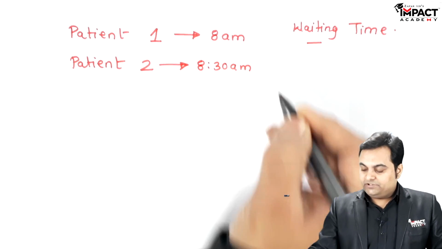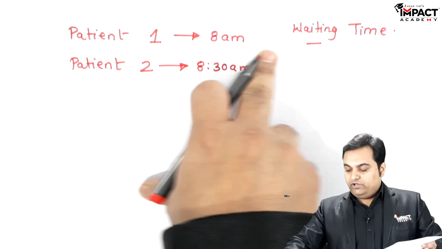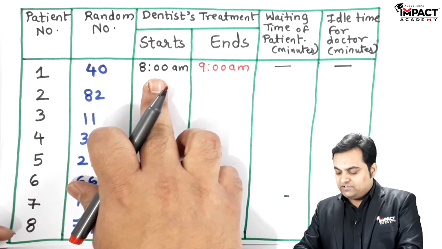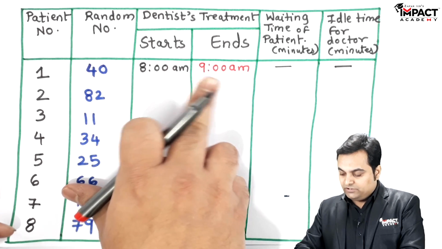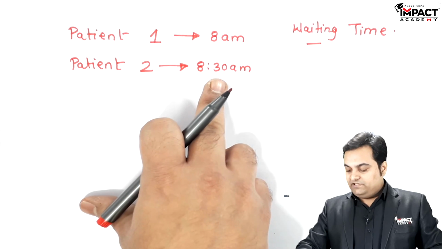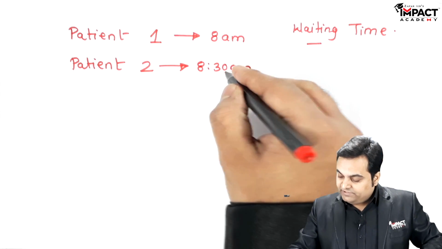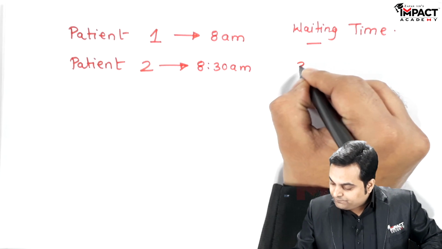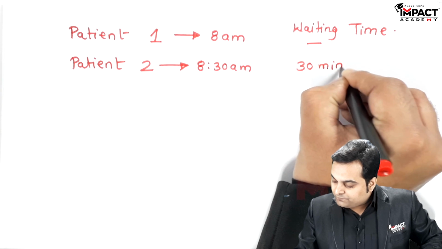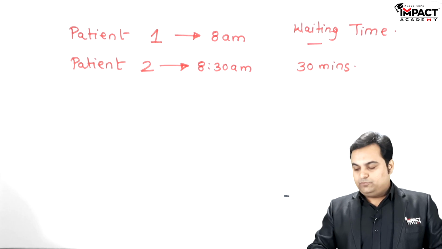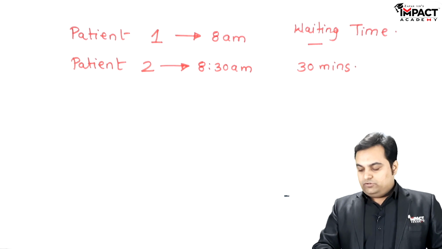because of the 30-minute interval. Now, the crown operation of the first patient takes place for 1 hour, that is from 8 to 9 a.m. So it means the second patient who is entering at 8:30 will have to wait for half an hour because the operation is going on up to 9 a.m. So the waiting time for patient number second is 30 minutes, because he or she may wait up to 30 minutes before the operation starts.